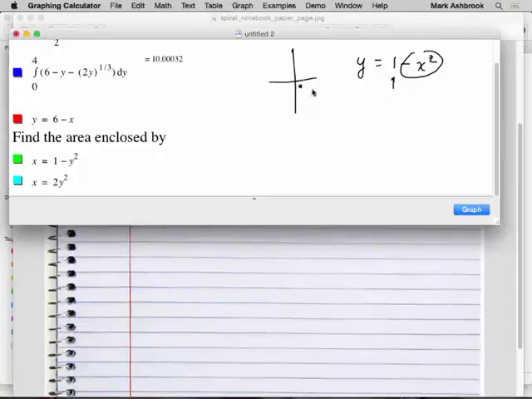It's going to be minus x squared and then move it up 1. So if that's 1 minus x squared, then what's x equals 1 minus y squared? Opening left or opening right? Opening left, with its vertex at (1, 0). So it's going to open left, and it's shifted 1 to the right.